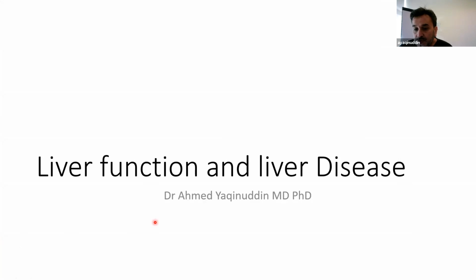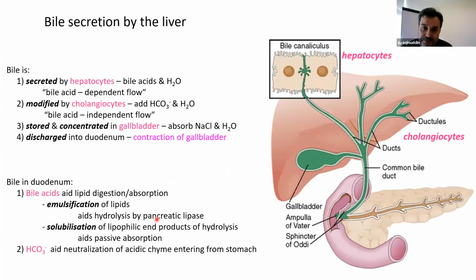So what I'm going to do in this session is start with some of the major functions of the liver, which is the production of bile. We'll go through how the bile is produced, how it is stored, and why bile is important.